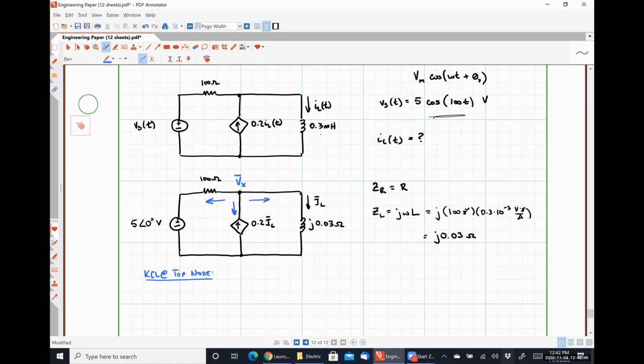So how am I going to write that KCL equation? How do I write any KCL equation?